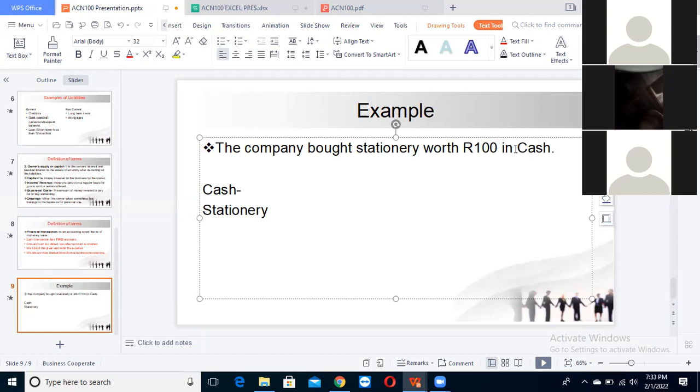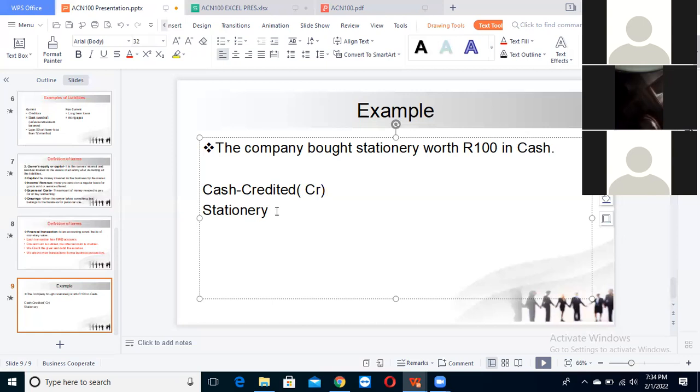So the business is giving up cash to get stationery. So in other words, cash is the giver that we are talking about, the cash account. So the cash account is meant to be what? To be credited. And the shortcut for credited in accounting is just a symbol, capital letter C and a small letter r. So when you see a Cr, it means a credit.